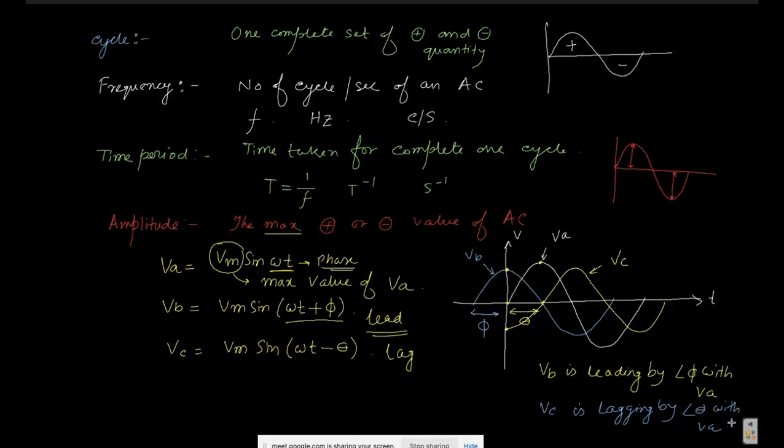So these are nothing but the phase. If you take VA as the reference phasor, VB is leading by an angle of phi, and VC is lagging by an angle of theta. Okay, did you get it? Is there any problem?